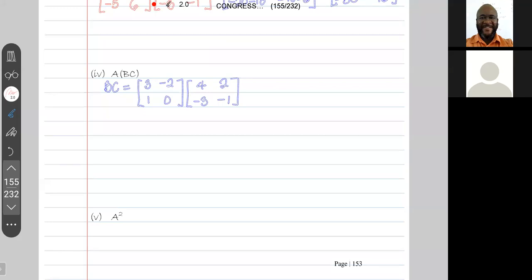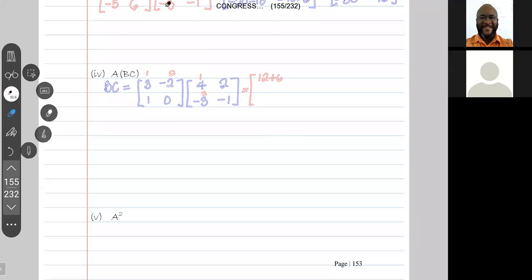So we're going to multiply rows of the first matrix by columns in the second matrix. First element in the row times the first element in the column. So that's 3 times 4, 12. The second element in the row times the second element in the column, minus 2 times minus 3, positive 6.